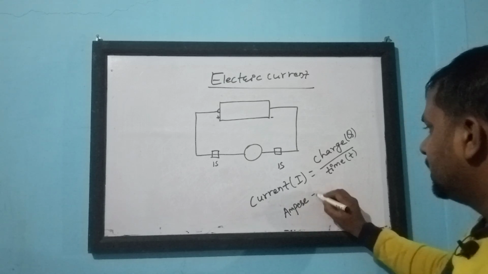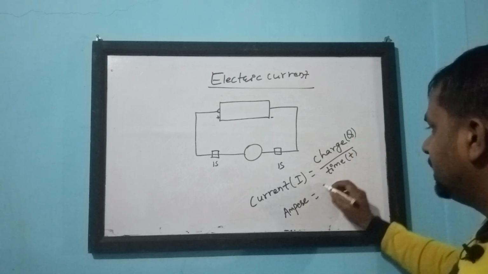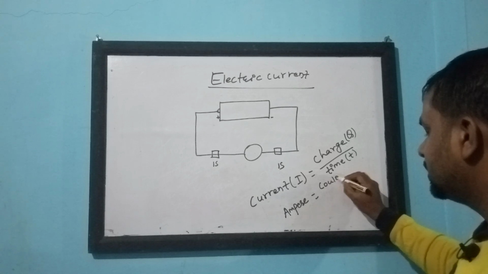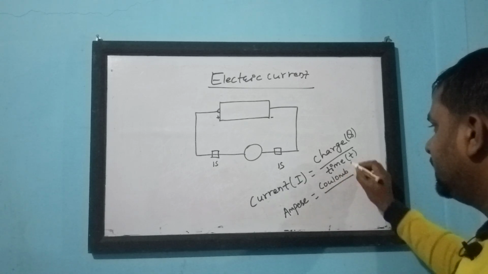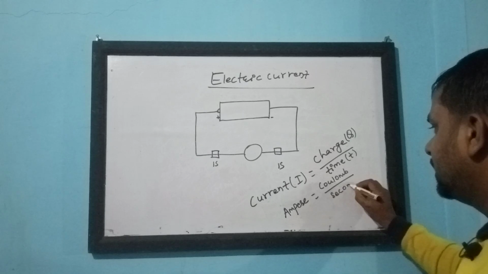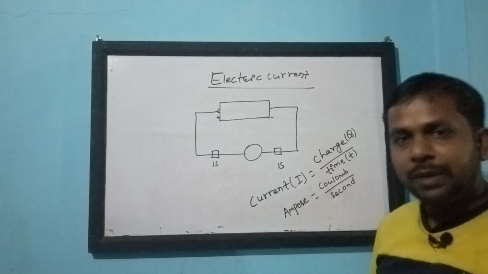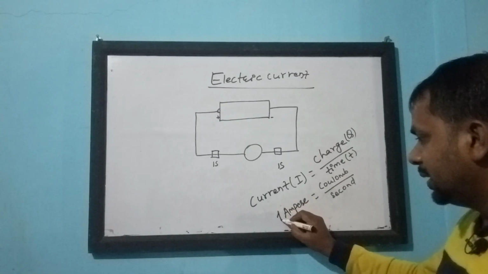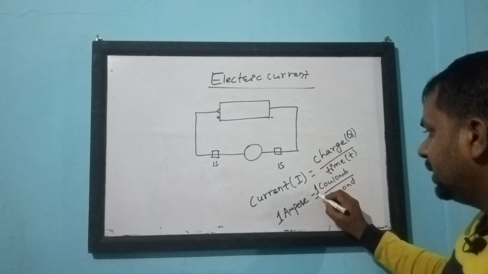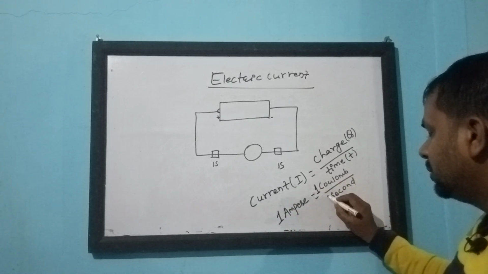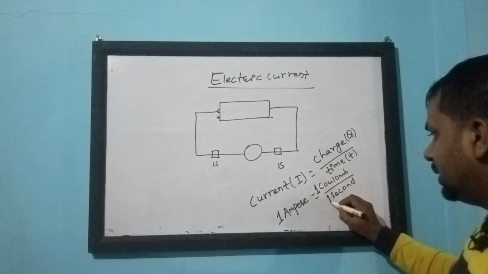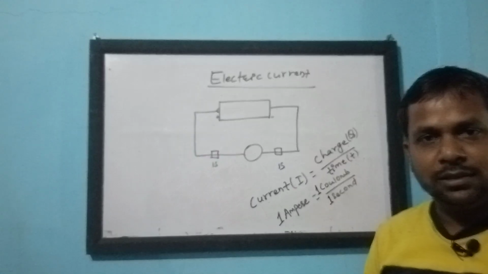The unit of charge is coulomb, and we know that the unit of time is second. Suppose we have to find the value of 1 ampere current, then 1 ampere current is equal to 1 coulomb of charge divided by 1 second.